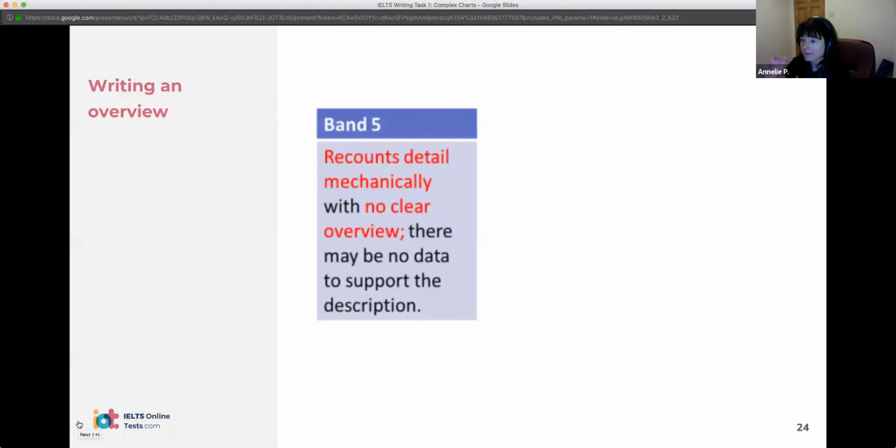And that you have a linking phrase to show that it is the overview. Okay. You can do it in both places, Mohammed. Both is fine. Okay. We also have recounts detail mechanically. Anybody any ideas what mechanically means? This is a very important point.